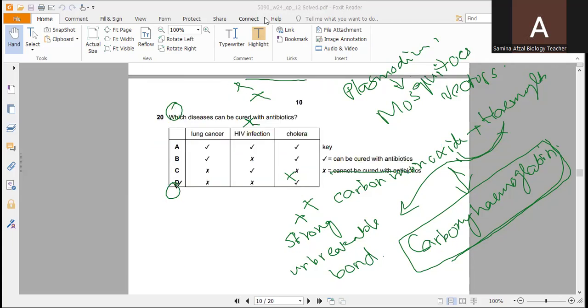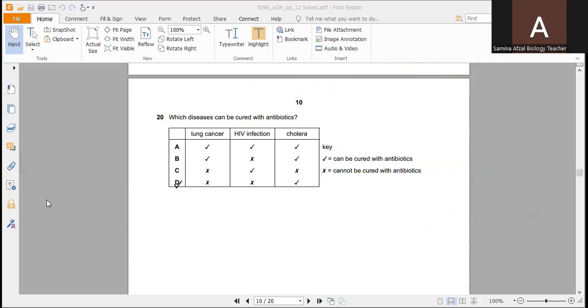Question number 20. Which disease can be cured with antibiotics? Lung cancer. There is no antibiotic treatment for cancer, cancer medicines are there to treat the cancer. HIV infection, a sexually transmitted disease, is a viral infection.